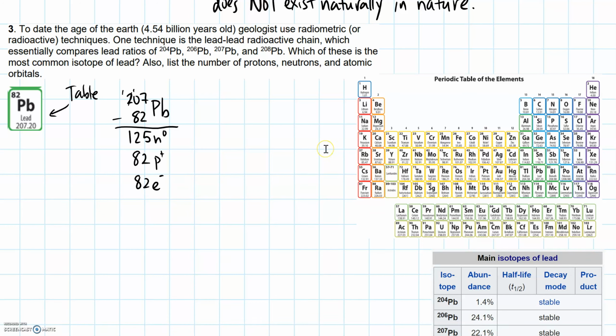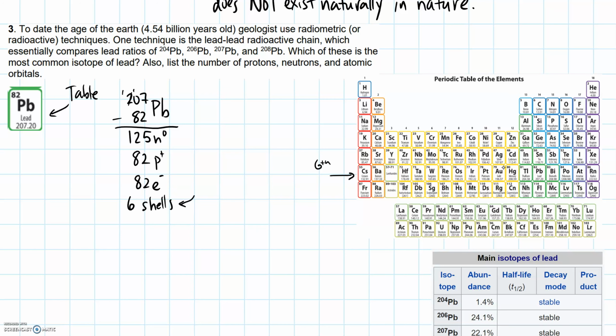And if I look at lead over here, you can see it's 1, 2, 3, 4, 5, 6. It's on the 6th row, so therefore it has 6 shells.